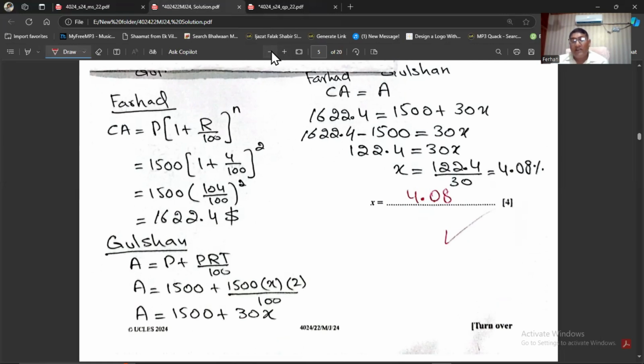So that will be 1,500 bracket start 1 plus 4 by 100 bracket close raised to power 2. So that is 1,500 into bracket start 104 divided by 100 bracket close whole square. So when you enter these values in your calculator, this will be $1,622.4.